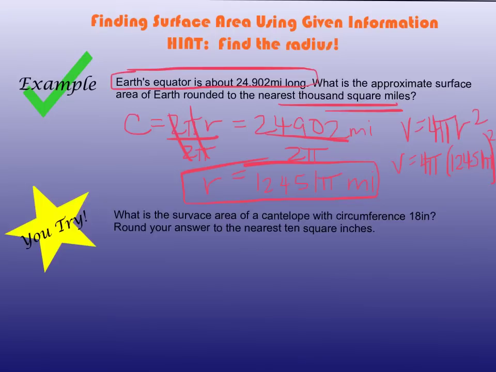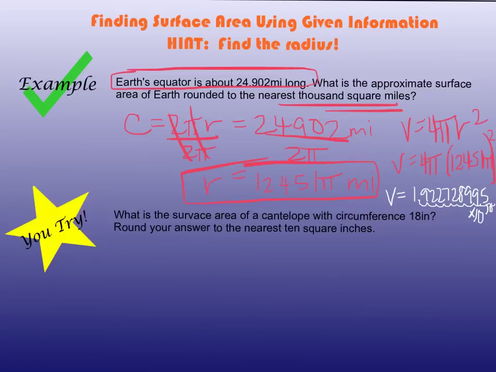Let me change to a different color. So the answer I got is 1.922728995 times 10 to the 10th. So I'm going to move that out of scientific notation form. 1, 2, 3, 4, 5, 6, 7, 8, 9.